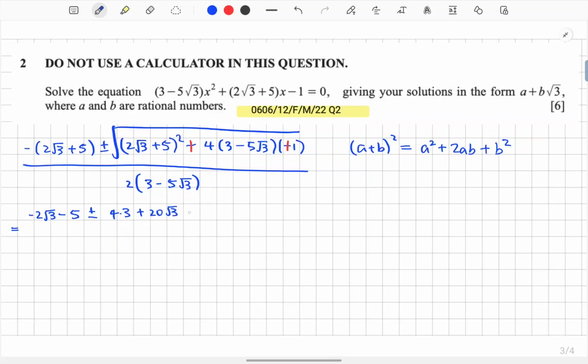Then the square of 5 is 25. Then we'll distribute 4 into the parentheses. It will be plus 12, then minus 20 root 3. And these are in a square root. At the bottom, we can distribute 2 into the two terms.